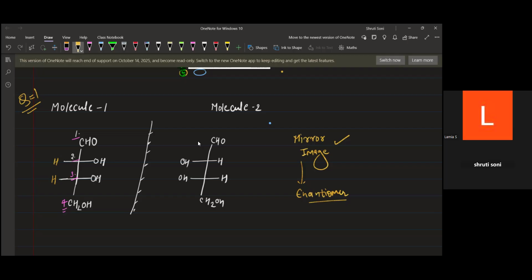Yeah, for each chiral carbon. Let's suppose in molecule 1 and 2, if the second carbon is R, then in molecule 2 the second carbon is S. See, there is a question also, the fourth question: which of the following pair represent an enantiomer? So how will we deal with that?